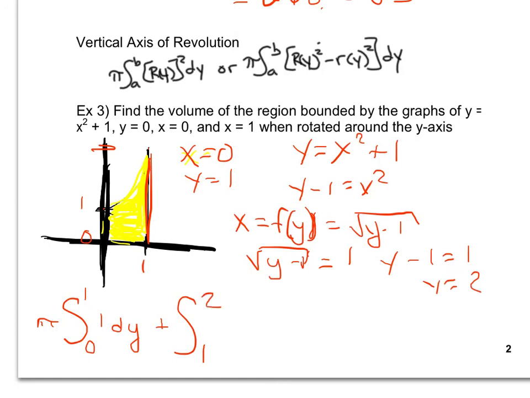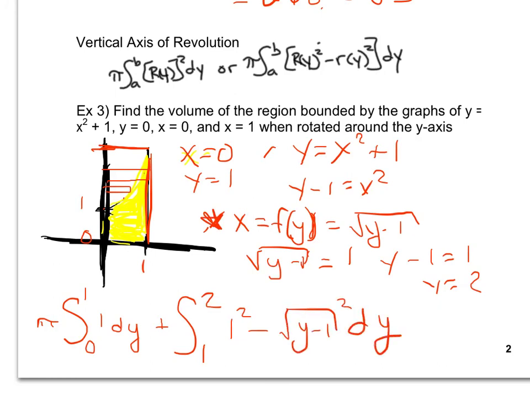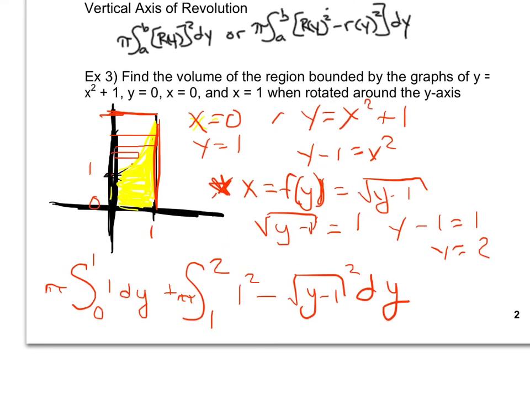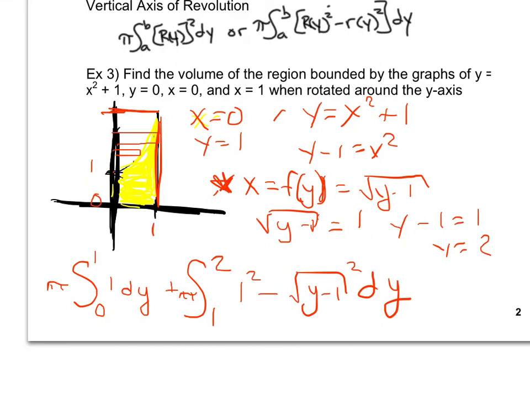And I'm going to go ahead and rotate that around. My big radius is going to be my outside function of 1. My inside radius is going to be this little rectangle, which is represented by my f of y here, the square root of y minus 1, squared, dy. And I forgot my pi out front, I always forget that. From here, I can go ahead and integrate each piece.